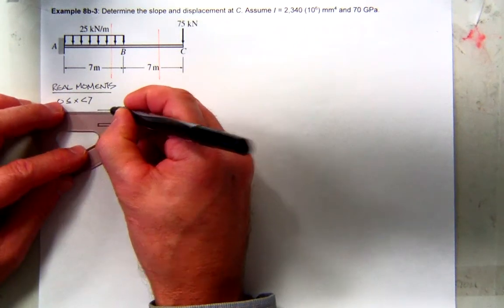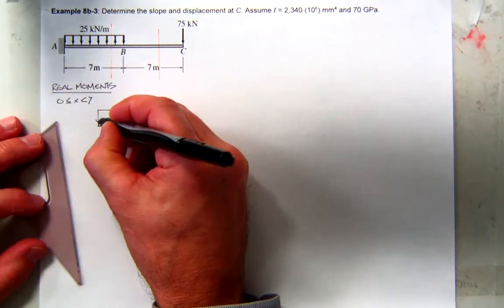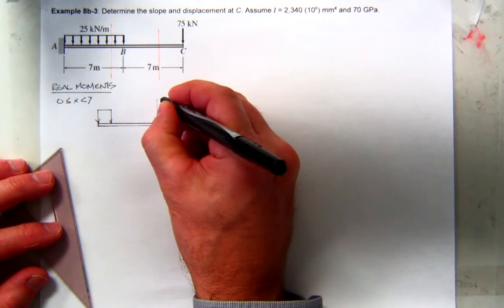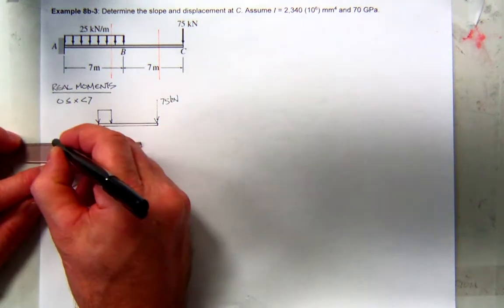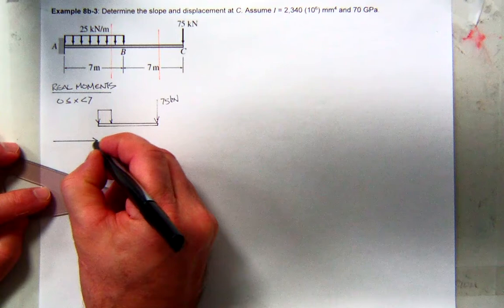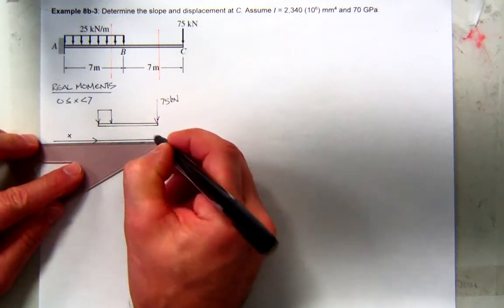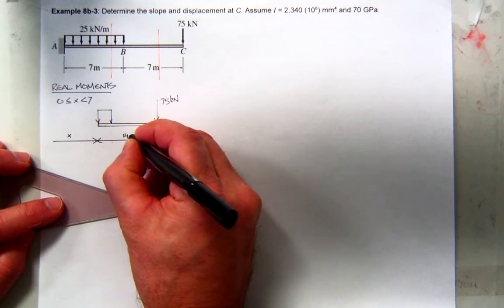That'll leave me a little sliver of the distributed load, and then on the right far end, the 75 kilonewton force. And then, of course, I'm going to come up to this edge, and this will be X. The remaining piece here will be 14 minus X.